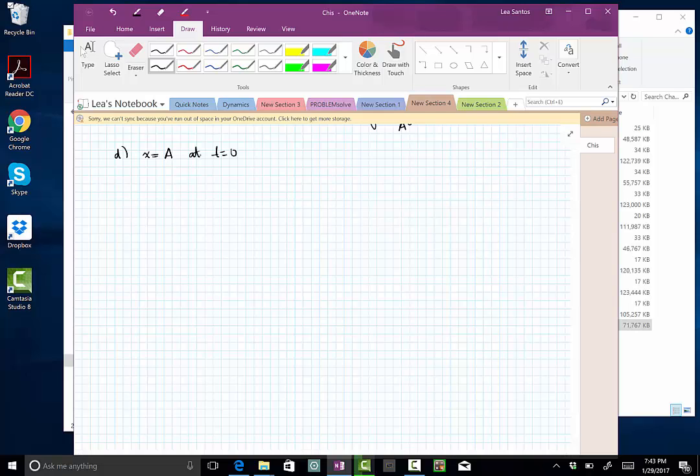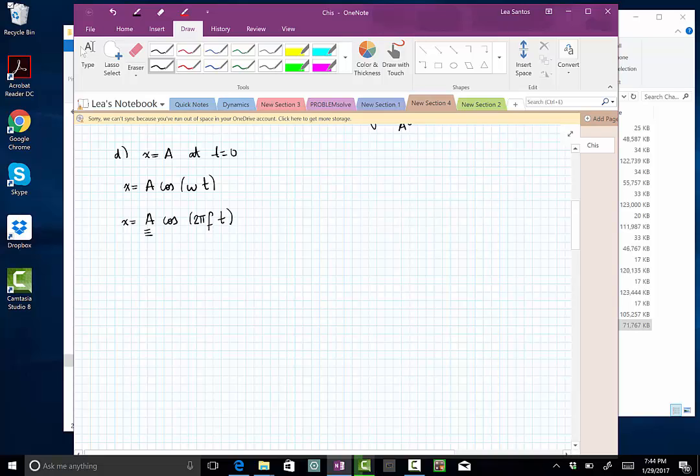If x is maximum at t equals 0, it means that we stretch the spring before starting the motion. So I'm going to use a cosine. So x will be amplitude times cosine of the angular velocity multiplied by the time. So x is equal to amplitude cosine of 2 pi frequency times time.